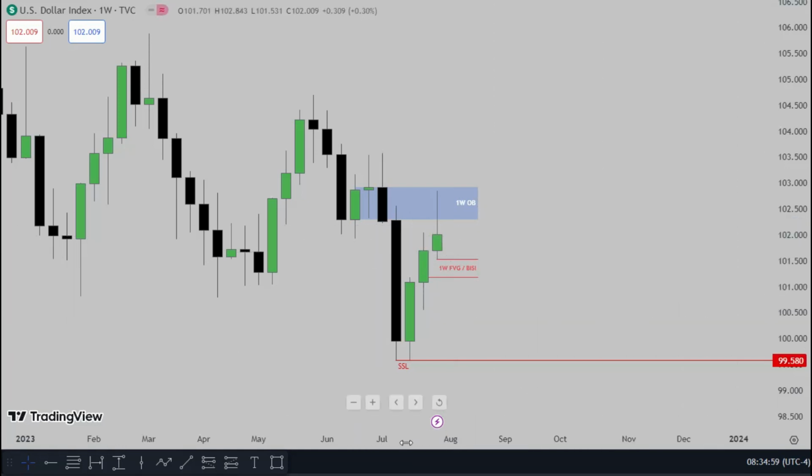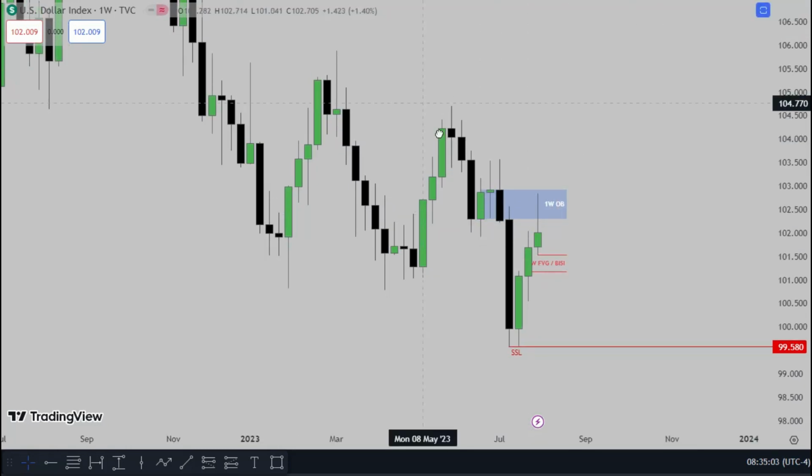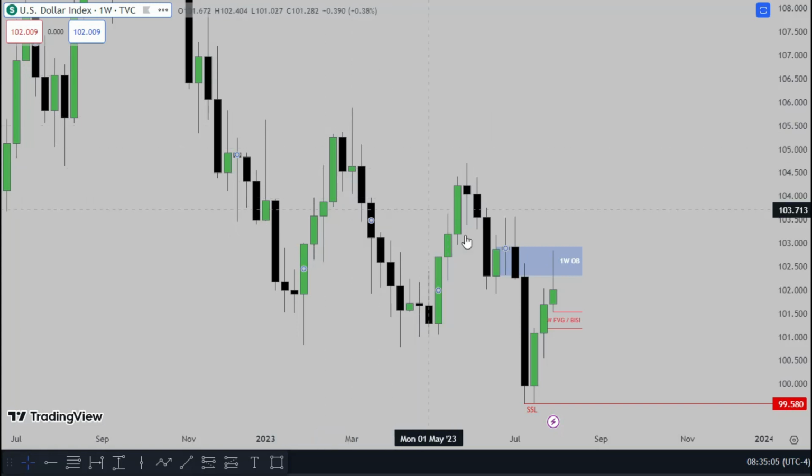So overall, our bias is set to be bearish, because in recent price, as price is moving bearish, it's respecting PD arrays that are supporting bearish structure. For example, this reversal right here managed to respect this order block right here.